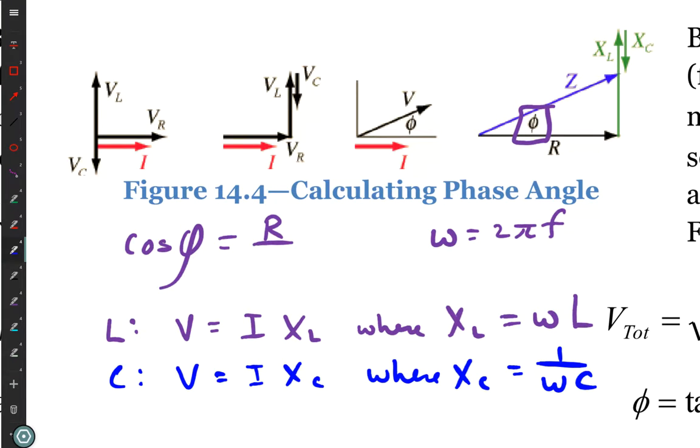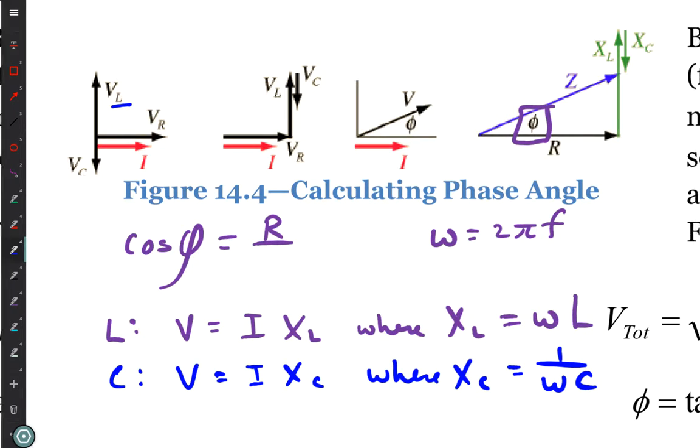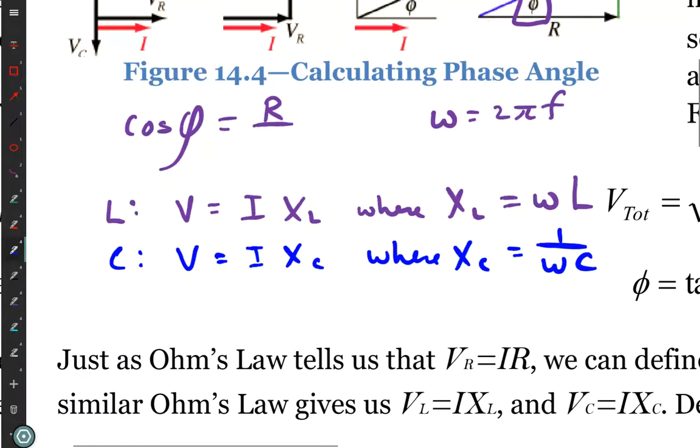These reactances, because we put voltage of the inductor vertical, the X sub L would also be plotted as vertical. Voltage of the capacitor is down, X sub C would be down.